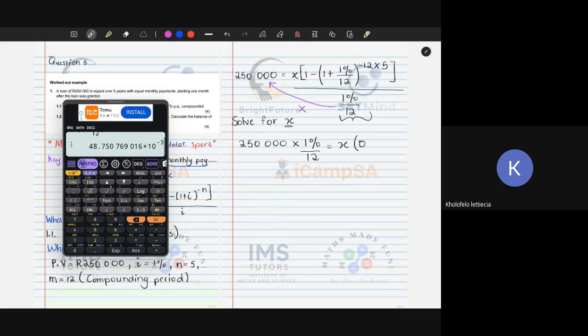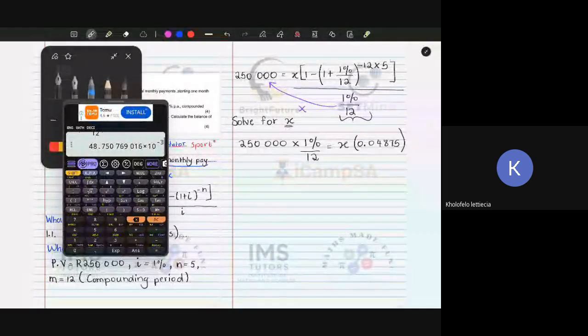So you should be getting, looking at my calculator here, 0.04875. Are you getting the same thing? Yes. Awesome. Thanks for that.